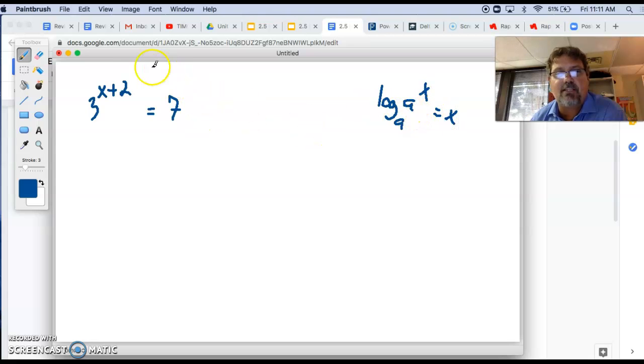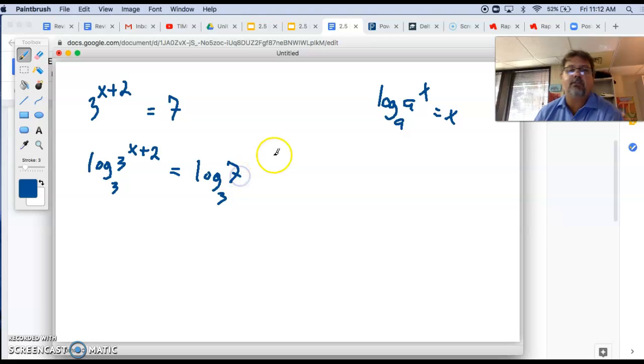So if I choose log base 3, it's just going to give me that x plus 2, but I'll show my steps. So I'm going to choose log base 3 of 3 to the x plus 2, and that's equal to log base 3 of 7, right? And now this gives me x plus 2.